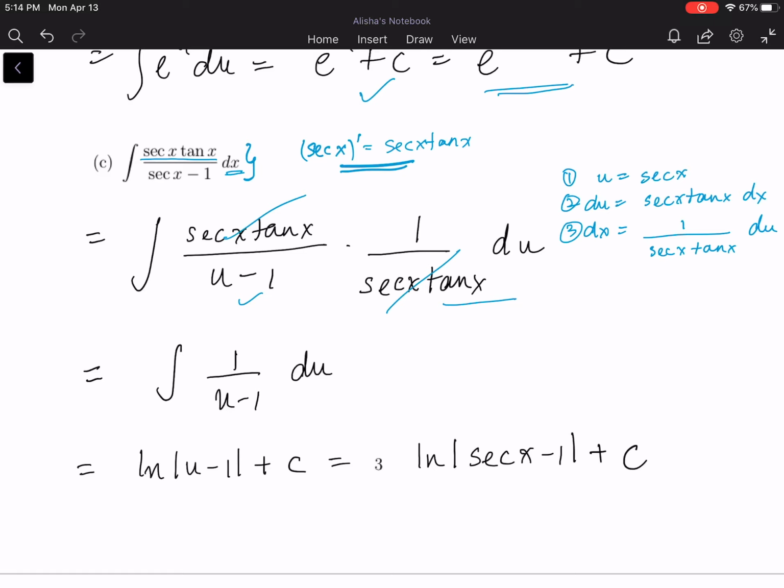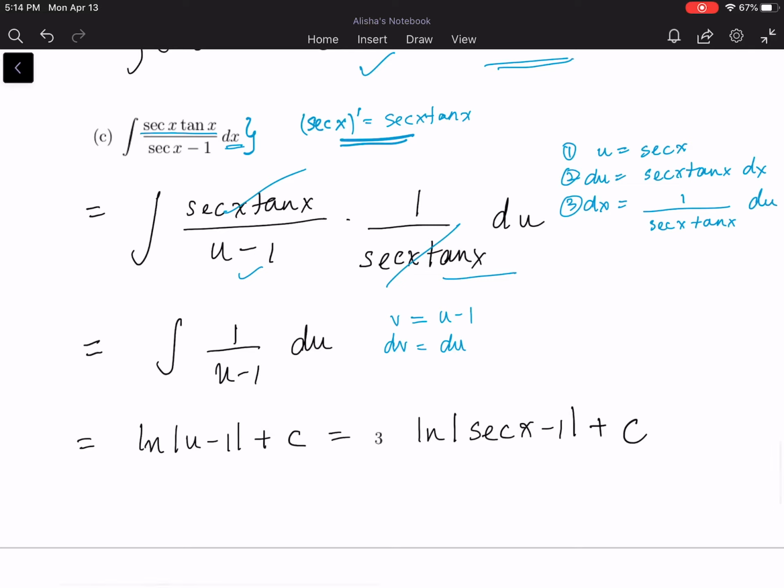You can integrate this either by doing another substitution where you call v as u minus 1, dv is du, or you might have had enough practice with something of this structure to know that you're just going to get the natural log of the absolute value of that denominator.